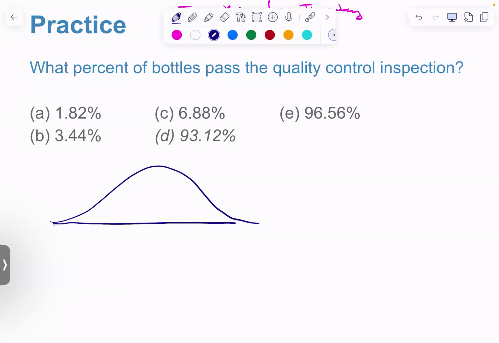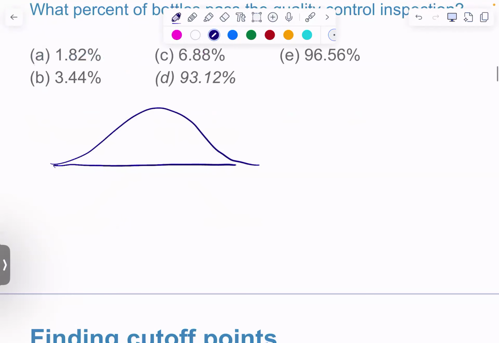This is referring to the same information as before, where the mean is 36, so mu is 36, and the standard deviation is 0.11.